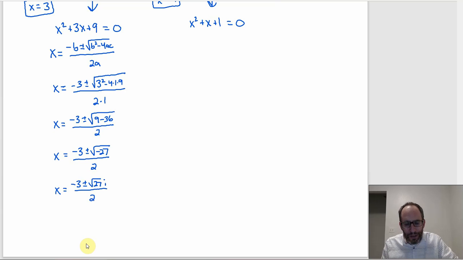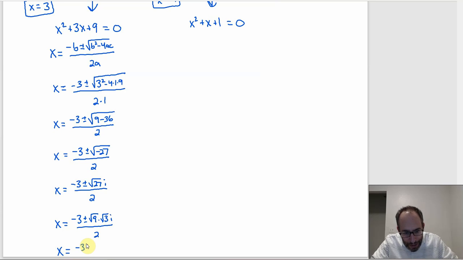But 27 is actually divisible by a perfect square, which is 9. So you could write this as square root of 9 times square root of 3 times i over 2. And that square root of 9 would be 3. So do I have enough space to get this in? I'm going to gamble and hope that I do.